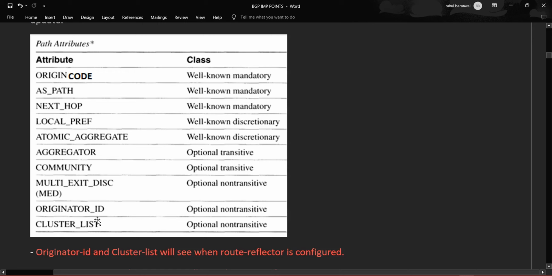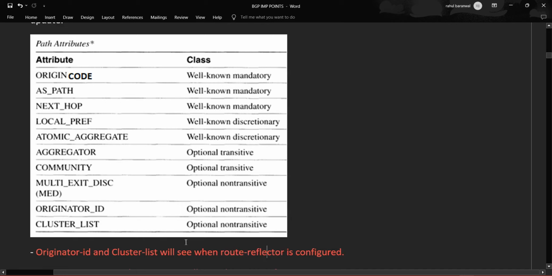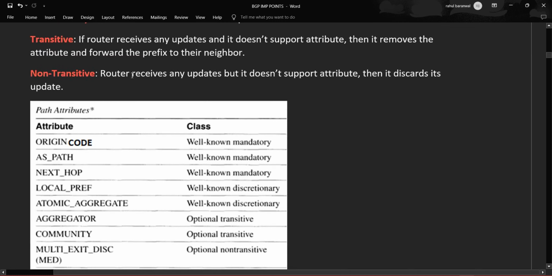The originator ID and cluster list attributes come into the picture when we configure a route reflector in BGP. If this is not configured, then these two attributes will not come into the picture.